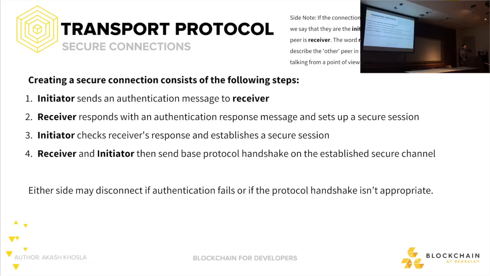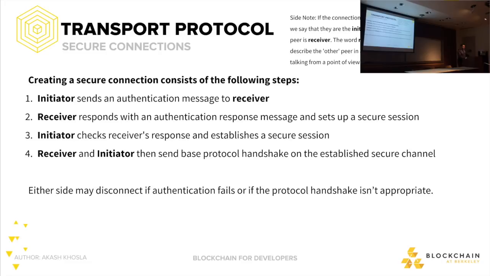So there's actually a lot going on where they share their platforms, right? They make the handshake, and then they finally say, okay, we're ready to communicate over our TCP connection. And either side can disconnect if that authentication fails or the protocol handshake just isn't appropriate, right? For example, where the two Ethereum versions don't agree, or you're trying to use something that isn't supported.